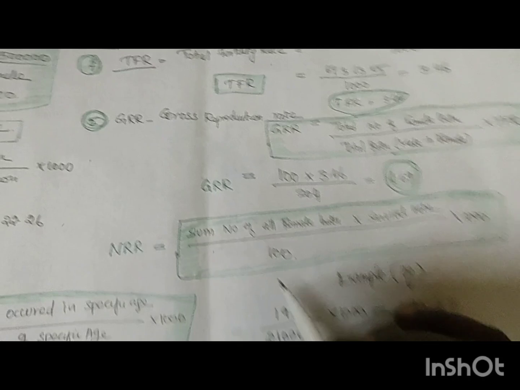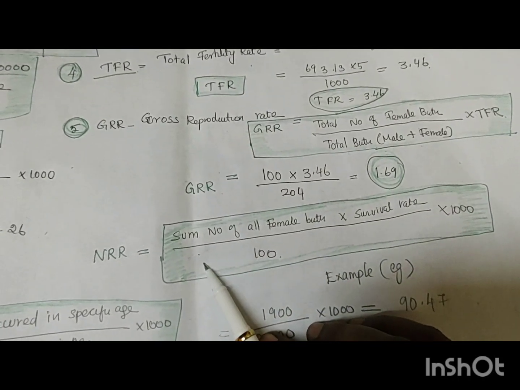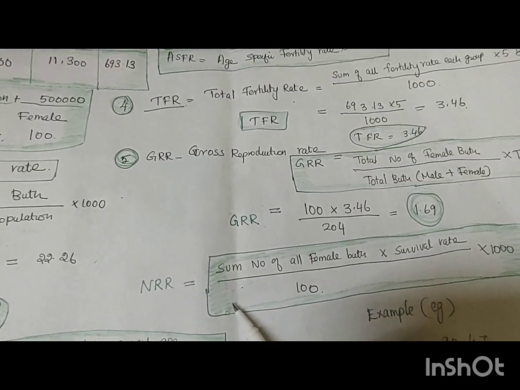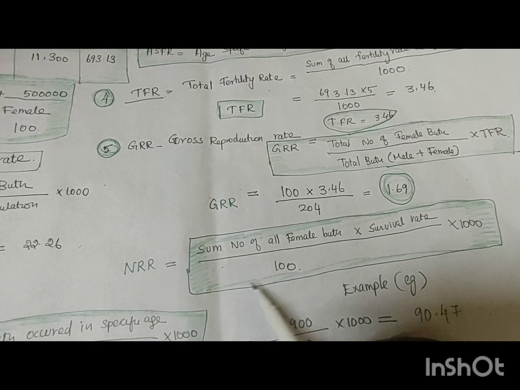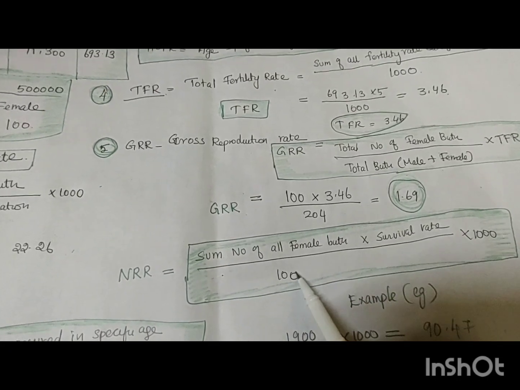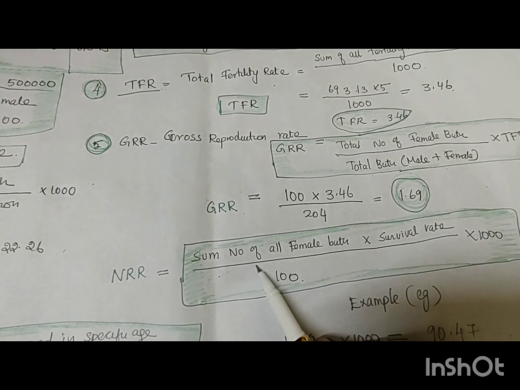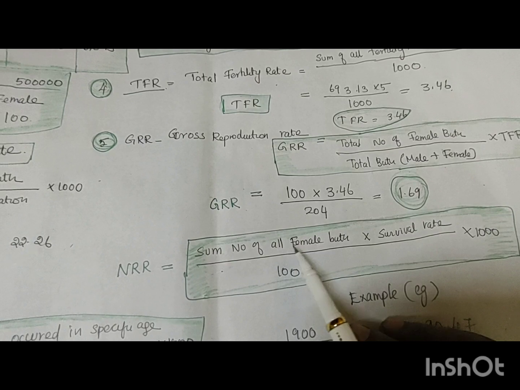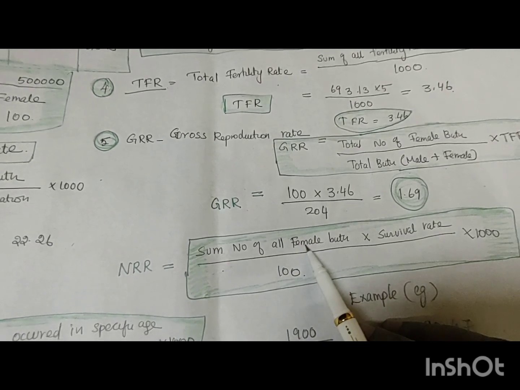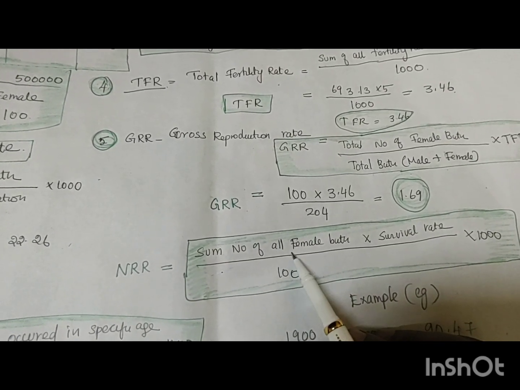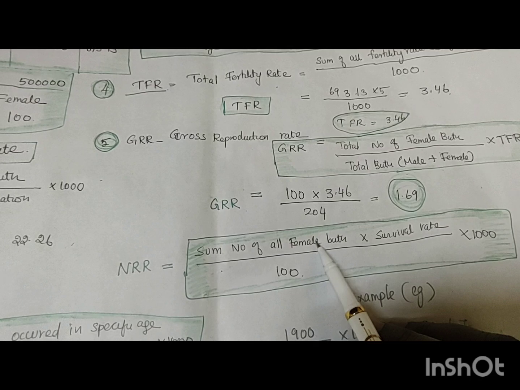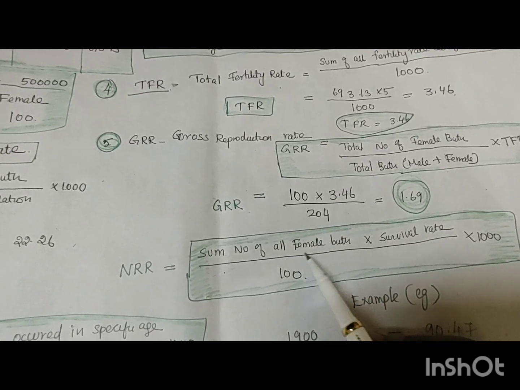One important thing next is the net reproduction rate. Currently the government is striving to bring it to less than 1. What is the net reproduction rate? It takes the sum of the total number of female children born, and these female children live until their reproductive age, and how many children these female children are able to produce.